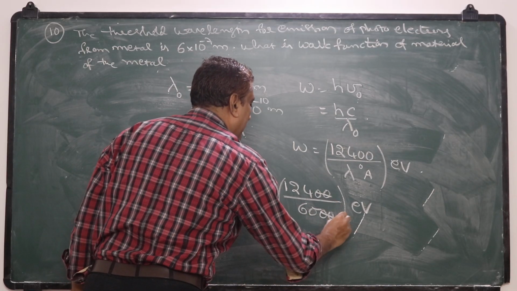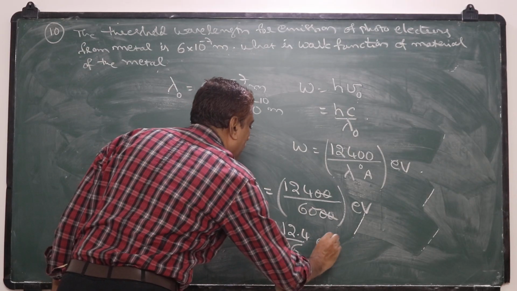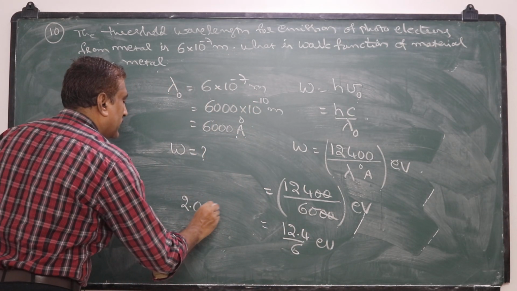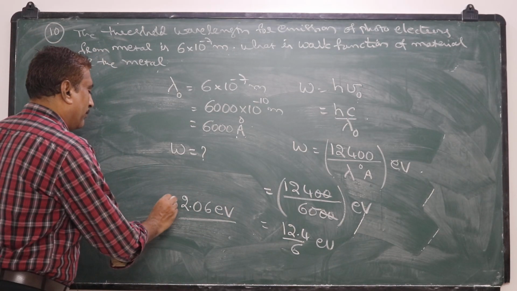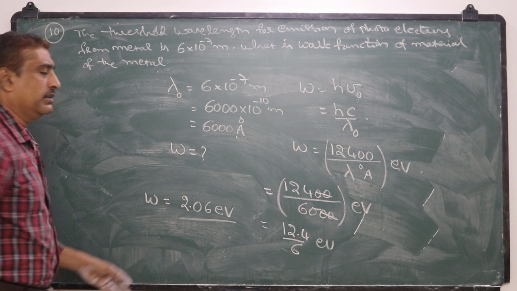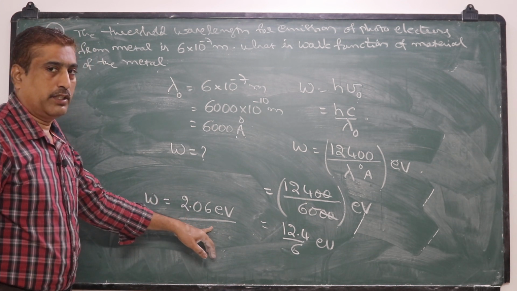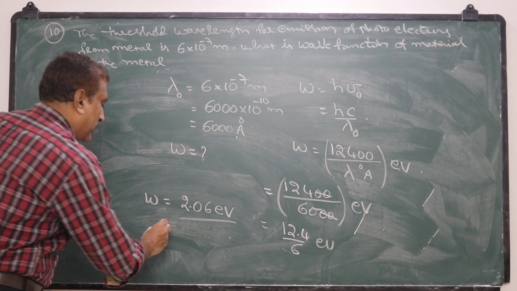We get the direct value in electron volt. Then these two will get cancelled. That is 12.4 by 6 electron volt, that is 2.06 electron volts. If this is the work function, in competitive exams the answer may be given in electron volt or maybe in joule, so we can convert into joule also.